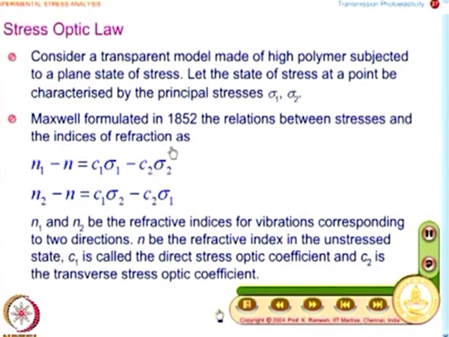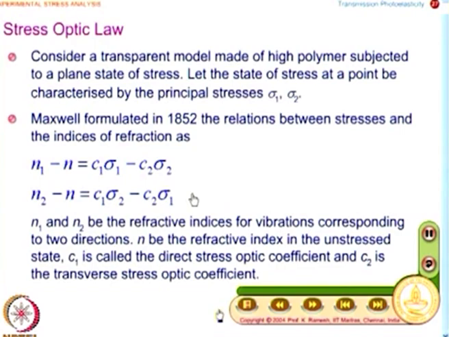So, based on a series of experiments, he was able to establish a relationship n 1 minus n equal to C 1 sigma 1 minus C 2 sigma 2, and n 2 minus n equal to C 1 sigma 2 minus C 2 sigma 1. A similar exercise could be extended for 3 dimensions, which I am not paying attention to now.